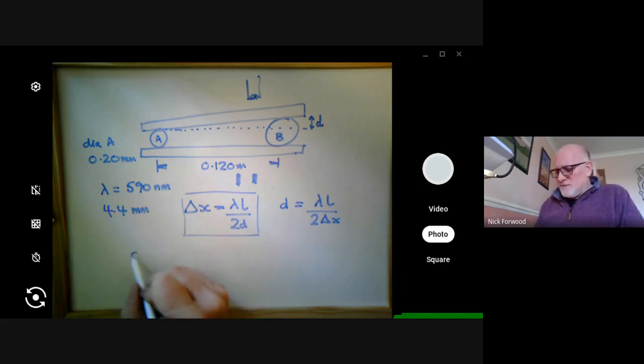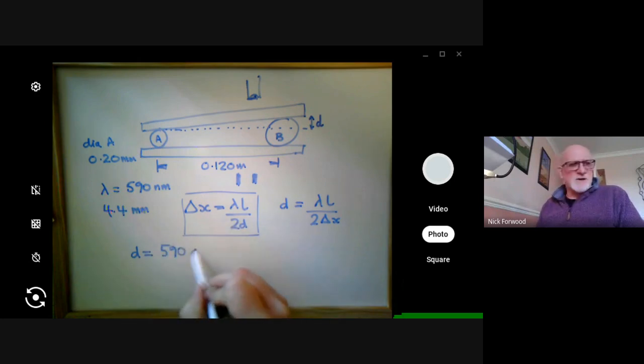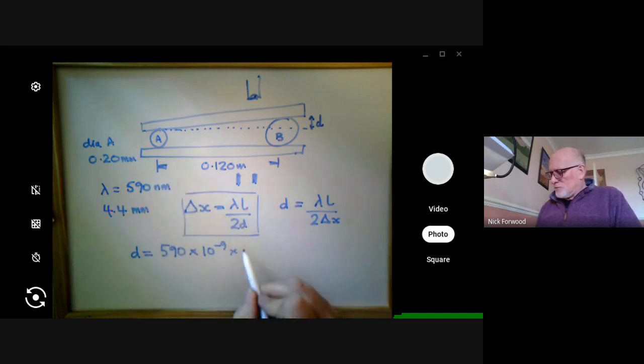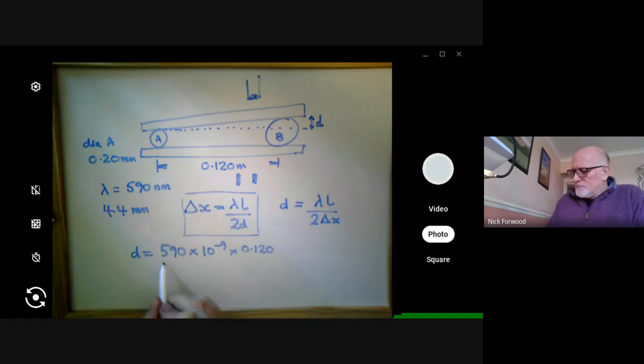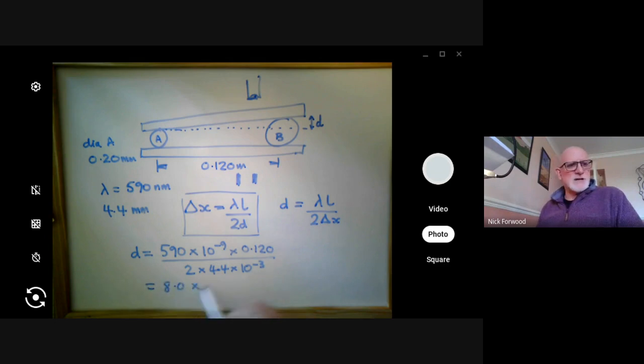So we can do D is equal to lambda 590 times 10 to the negative 9, that's nanometers, multiplied by the length L, 0.120, divided by 2 delta x. And that's 4.4 millimeters, 4.4 times 10 to the negative 3. And if you work that out, that would be 8.0 times 10 to the negative 6 meters.